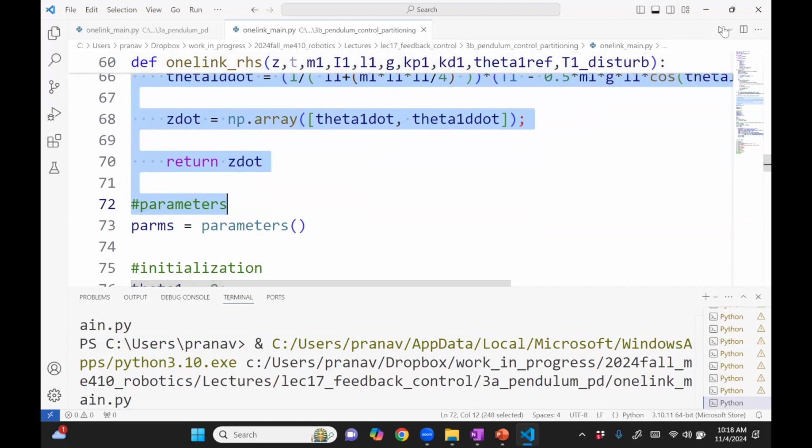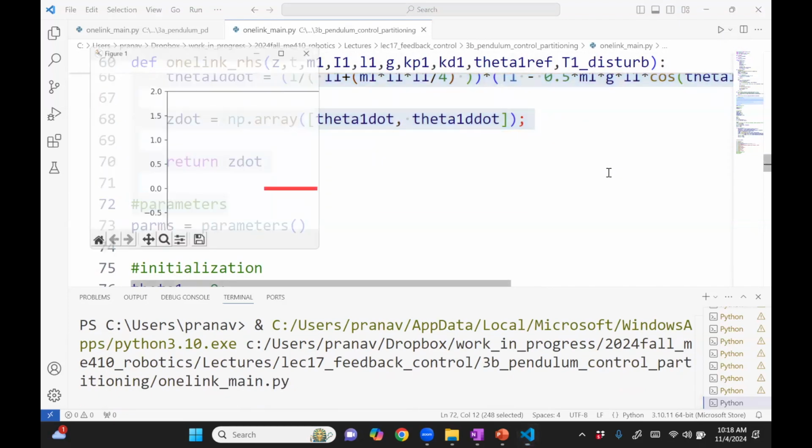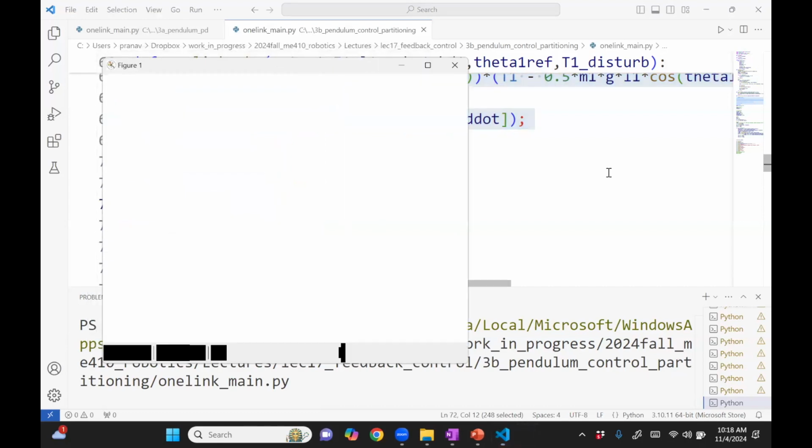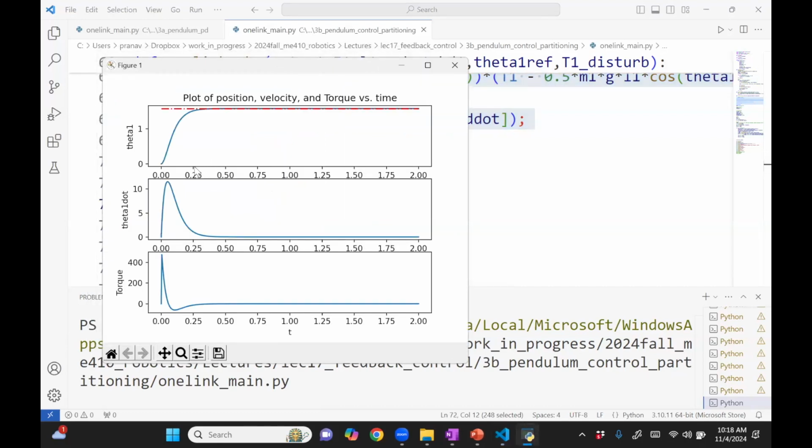And remember, it was 0.3 or 0.35 approximately to get to 1.57. So here, if you look at the response, it's close to 0.25. Okay, so that's that. It just shows you that you don't really need to do tuning when you have control partitioning working for you.